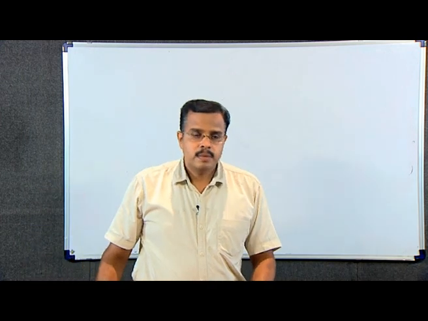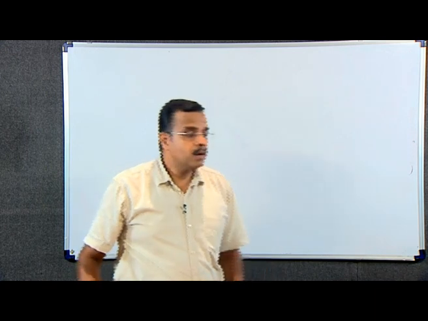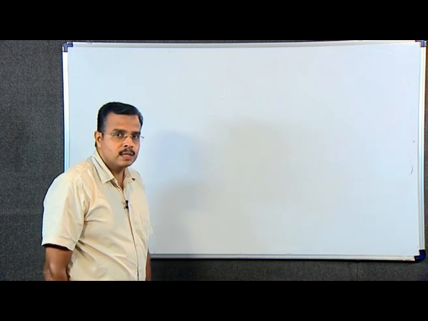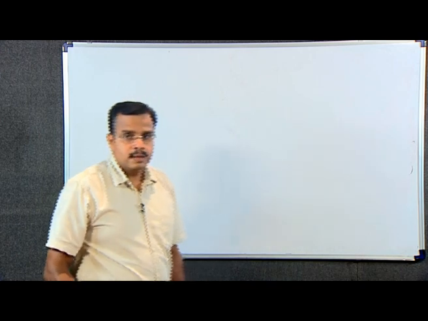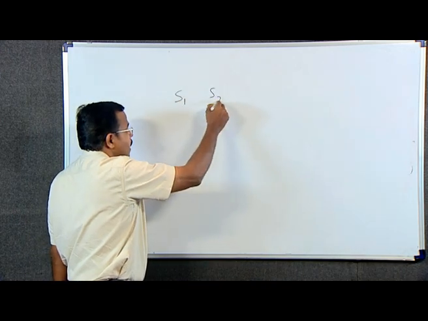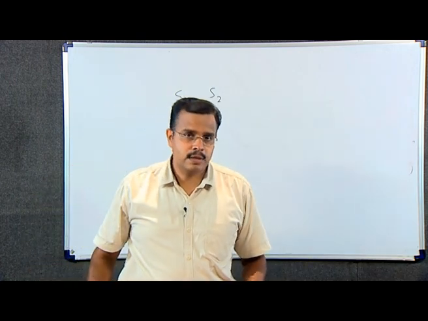In the next problem, we are considering the intersection of two convex sets, and we want to show that the intersection of two convex sets is a convex set. For that, we are considering two convex sets S1 and S2. S1 and S2 are considered convex.